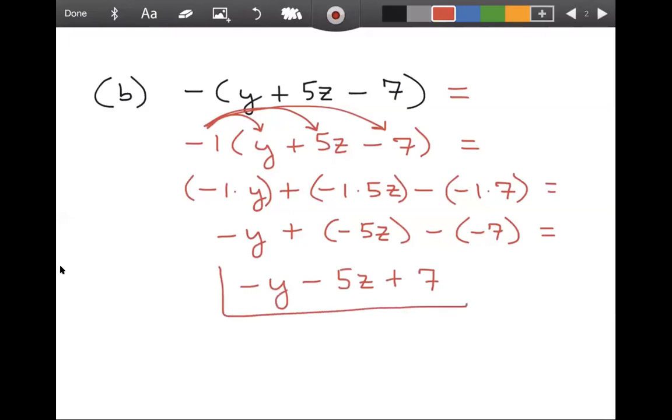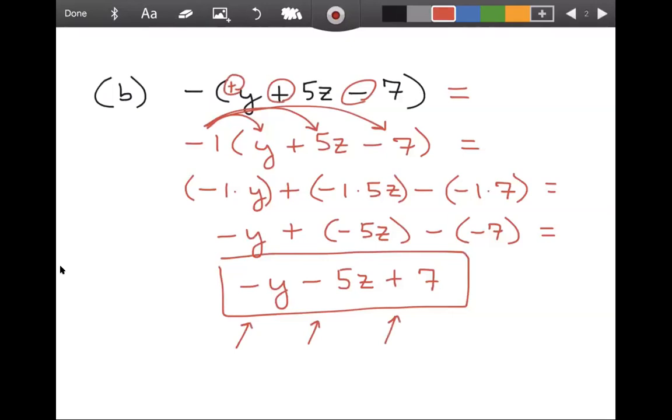All right, so now what I want to point out to you is that the signs in the original expression inside the parentheses were plus. When there's no sign, think of it as a plus: plus, plus, minus. And after I distributed the -1, the signs go minus, minus, plus. So you might find it helpful to remember that anytime you distribute a negative number, it changes all the signs.